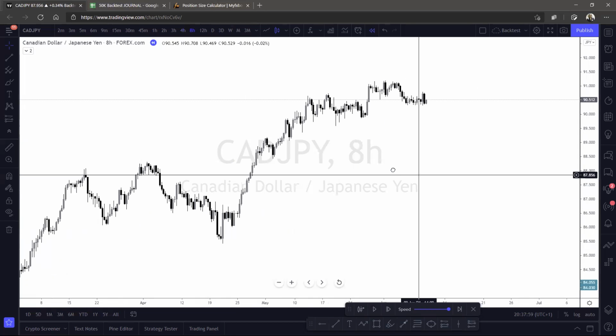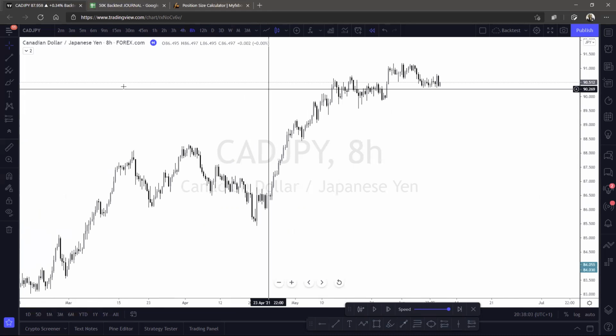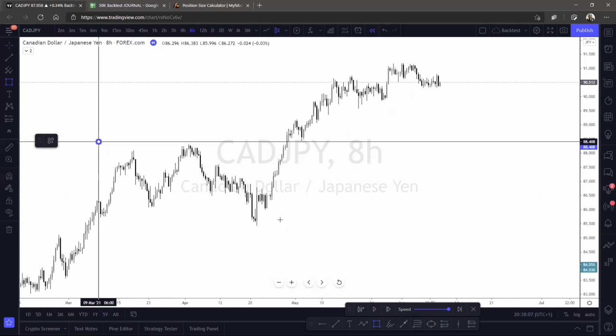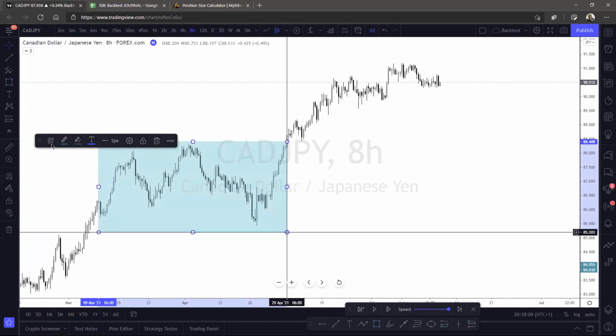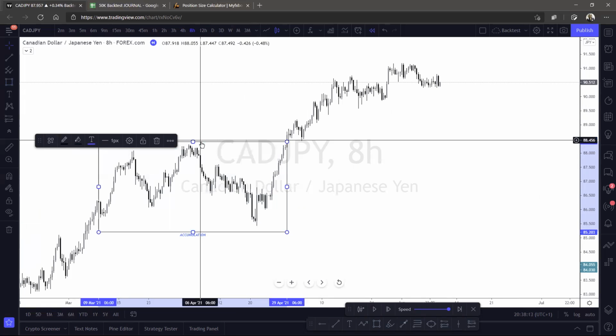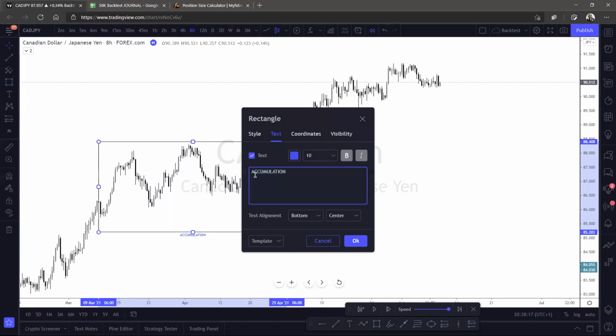Looking at this straight away, we can see this was some sort of reaccumulation here. Reaccumulation here.